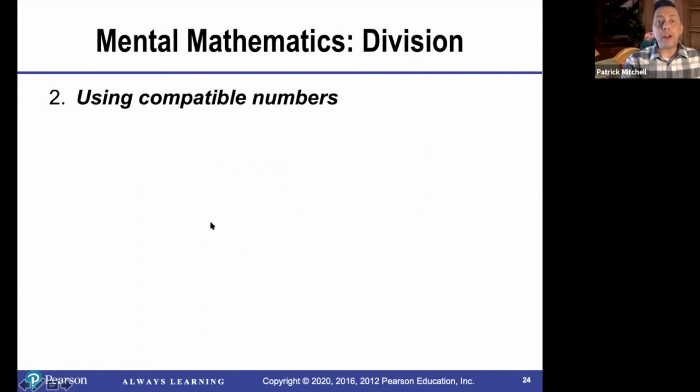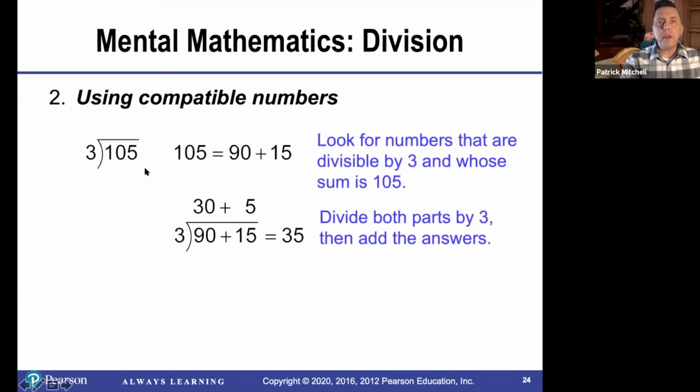Using compatible numbers. So if you're dividing 105 by 3, if you realize that 90 is a nice number to divide by 3, you can break the 105 into 90 plus 15. 90 divided by 3 is 30. 15 divided by 3 is 5. So this quotient is 35.